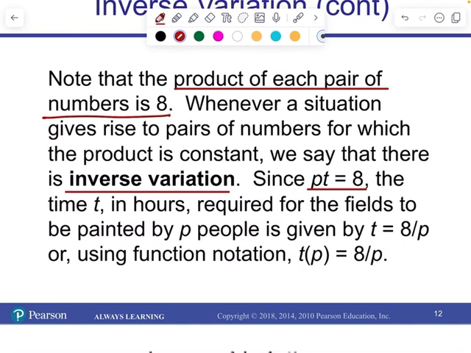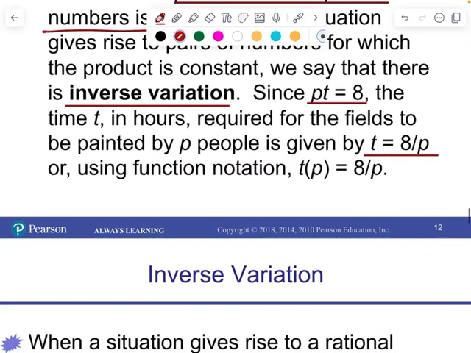Since PT equals 8, the time T in hours required for the field to be painted by P people is given by T is equal to 8 over P, which is showing that inverse variation. So I'm going to write it down here where we have T is equal to 8 over P. Or using the function notation, T of P is 8 over P.